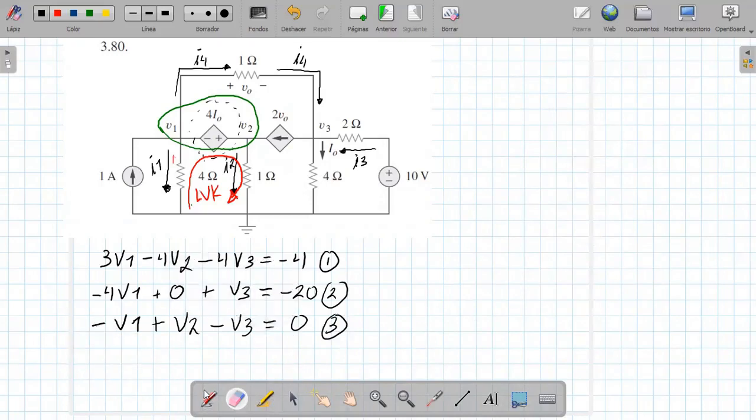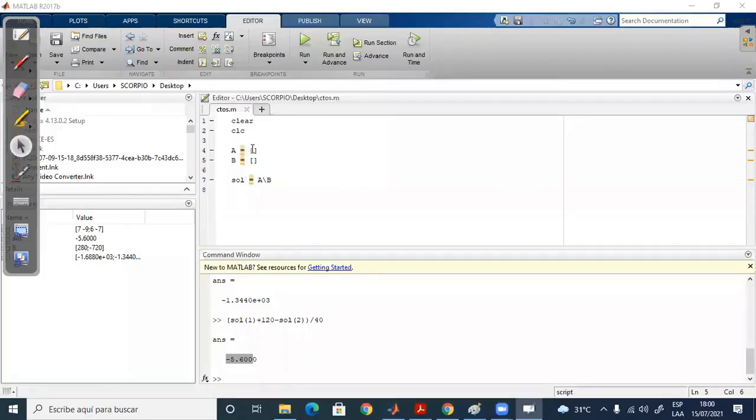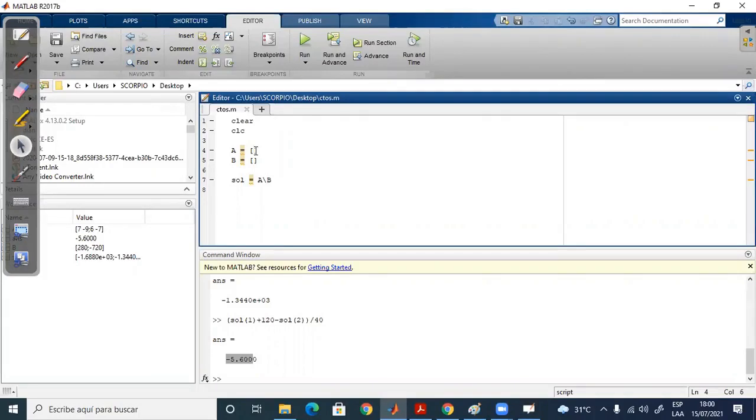I'm going to delete this and let's watch. I'm going to put this into MATLAB. Let's open MATLAB. The first equation was 3, space, minus 4, space, minus 4, semicolon. The second was minus 4, space, 0, space, 1, semicolon, and the other minus 1, space, 1, space, minus 1.